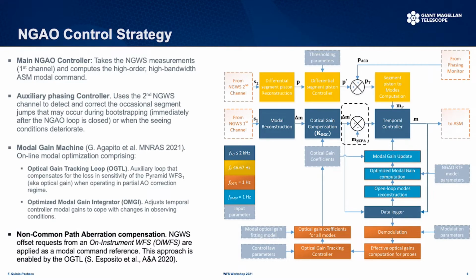It is important to note that this approach enables the non-common path aberration compensation with a pyramid wavefront sensor, and in our case the offset requests from an on-instrument wavefront sensor will be applied as a modal command reference.